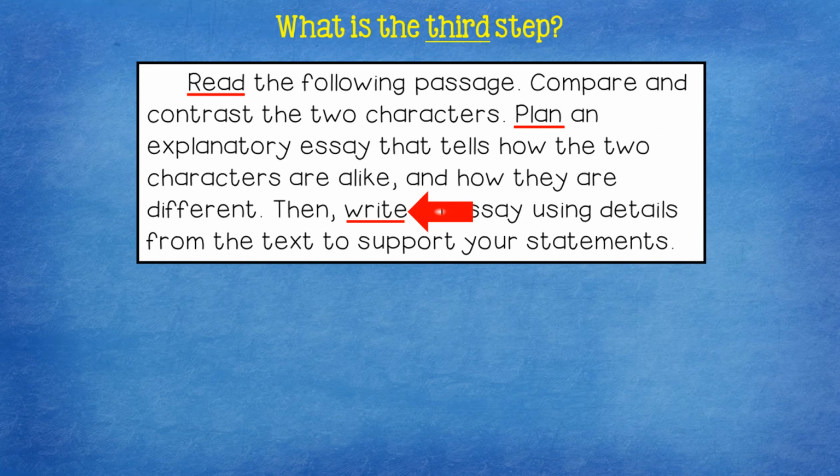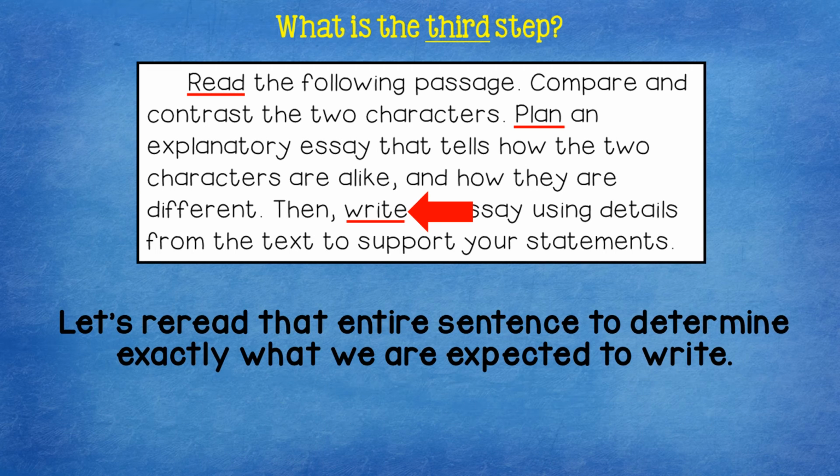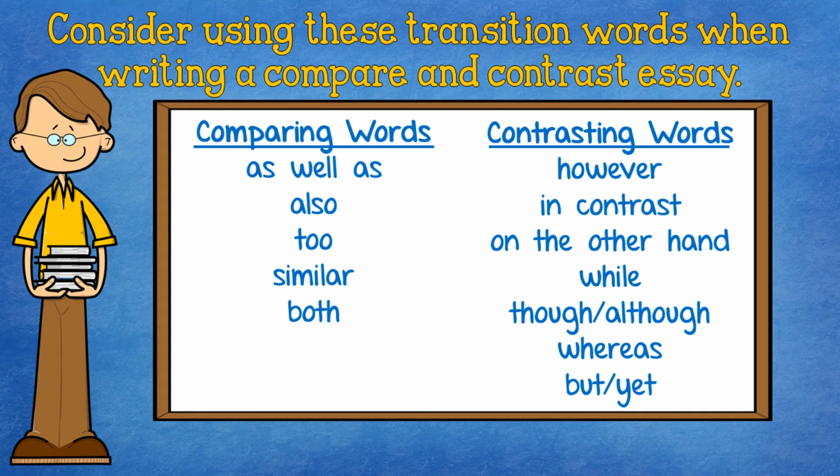So now our third step is to write our essay. We're going to write an essay using details from the text to support your statements. We need to consider using some of these transition words when writing a compare and contrast essay.